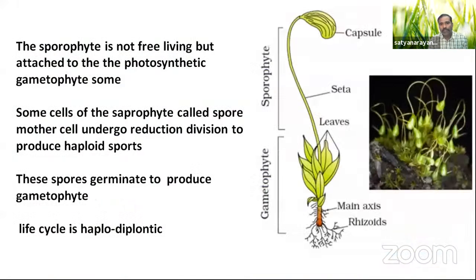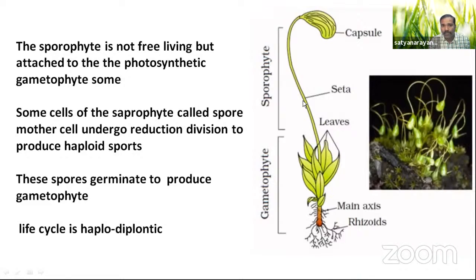Now after reproduction, the sporophyte is formed. The sporophyte may be free living, or sometimes it is totally dependent on the gametophyte. In the case of Marchantia, the sporophyte is totally dependent on the gametophyte.